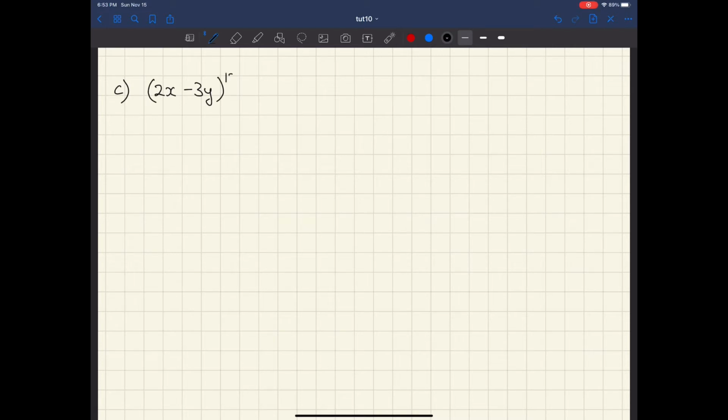Just to simplify this, we'll assume a as 2x and b as minus 3y. This gives us the standard polynomial, which is (a plus b) to the power 12. Now again, our n is 12, k is 3, and we know that 12C3 is 220.